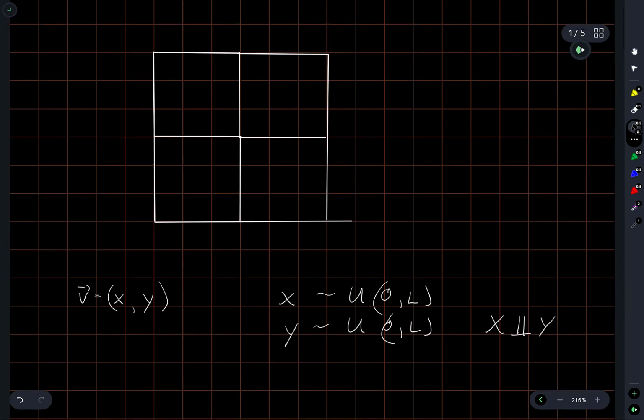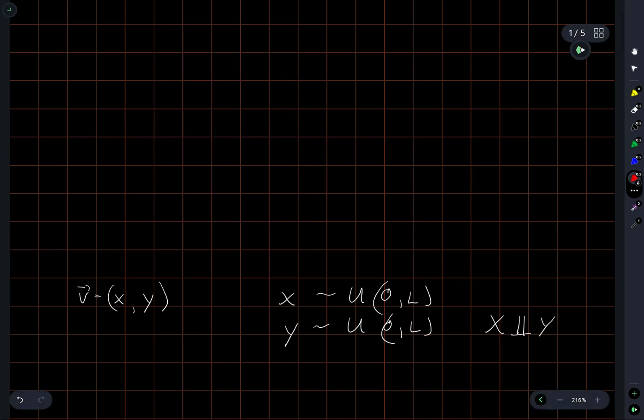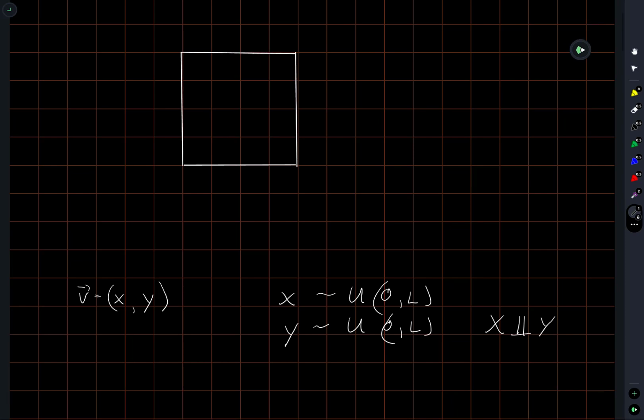And so we don't even need to draw more than one square. We can really just draw one square, and we're asking what is the probability that the hoop touches or goes over top of one of the edges.